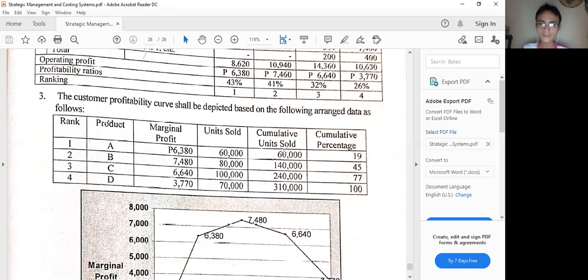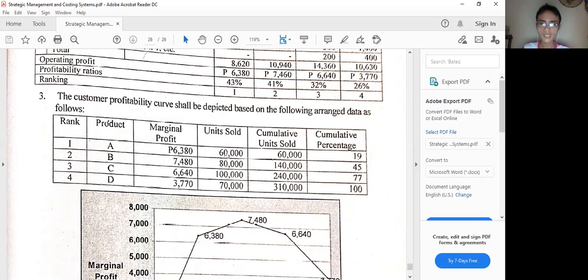That is basically the total units sold, meaning the cumulative units sold for all products A to D. And whatever is the cumulative units sold on that particular rank, we divide that by the respective total cumulative units sold. So what do I mean?